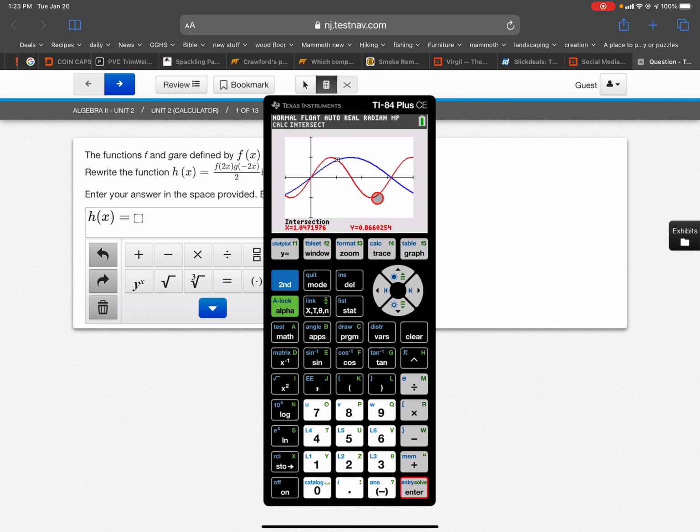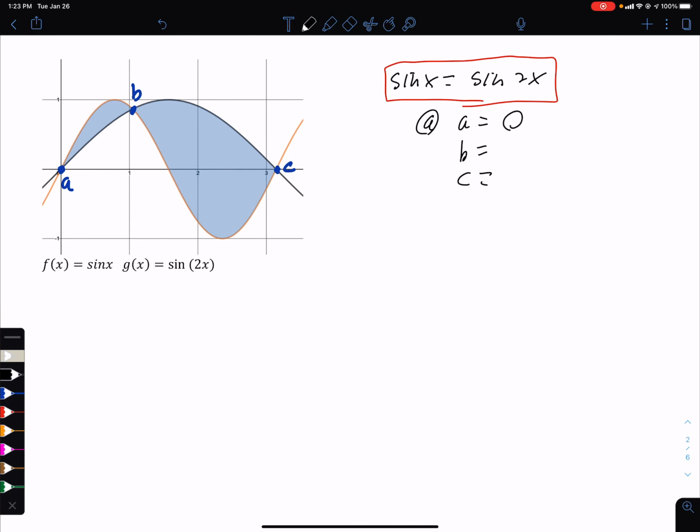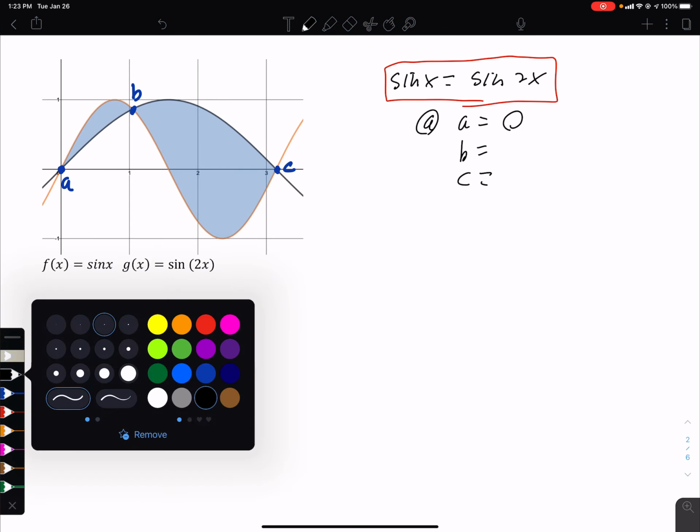There's the answer, 1.047. I'm going to store that in my calculator. So how do I do that? I go to my home screen and I say, hey, take the x and store it under B. So I'm going to put B. And so that 1.047197 number, I'm going to stick here.